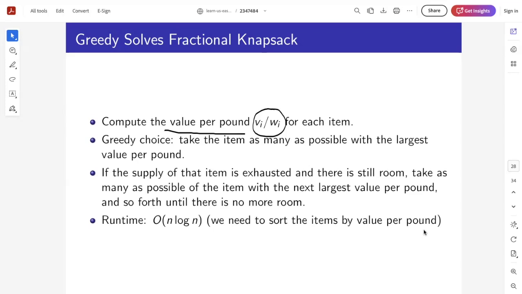If the supply of that item is exhausted and there is still room, then we'll take as many as possible of the item with the next largest value per pound, and so forth until there is no more room.